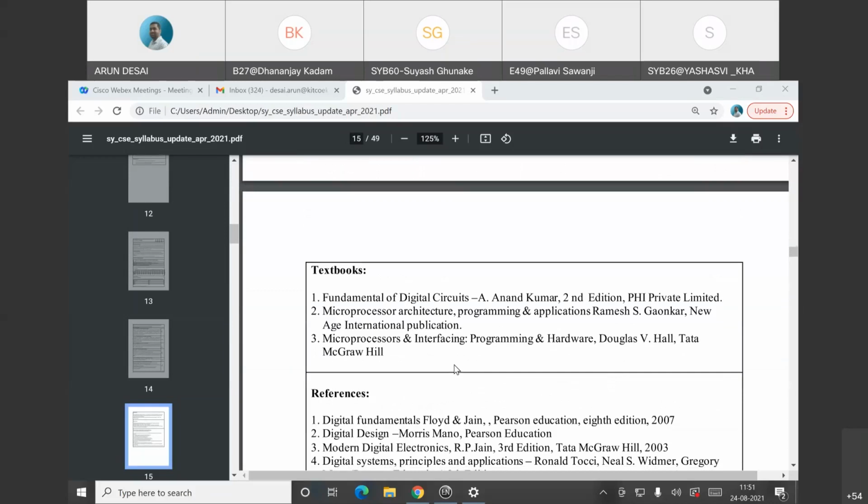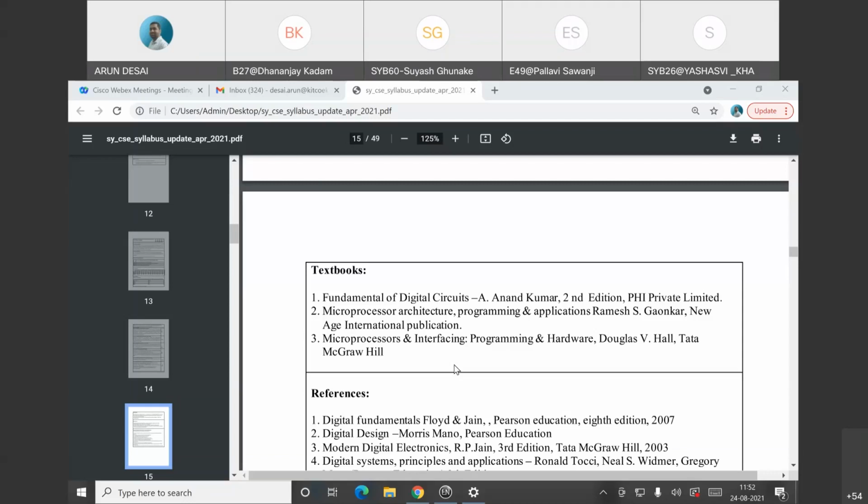Now, what all books and reference books are available for this, right? I'll give you an idea of which part is from which book at the time when we are covering that part. There are so many books since we combined two different parts in this syllabus.